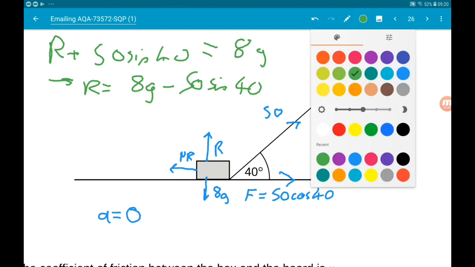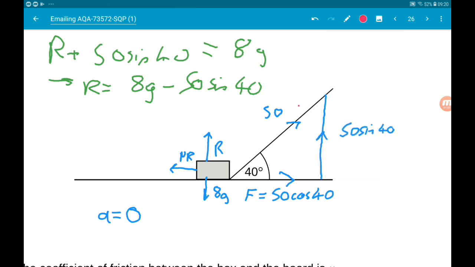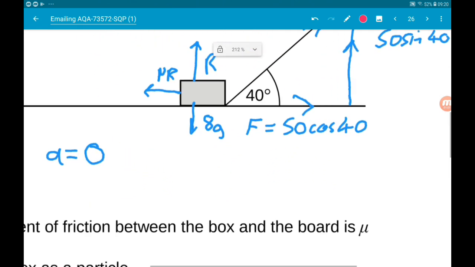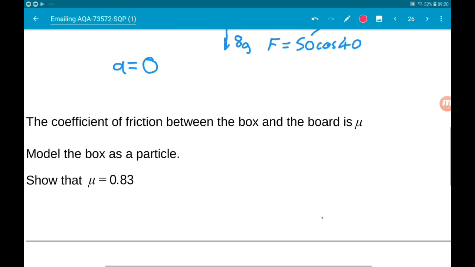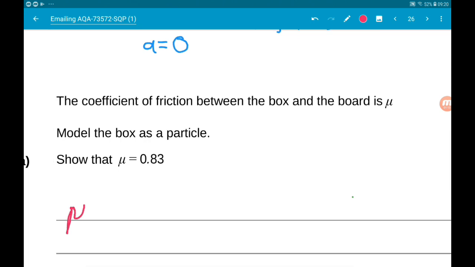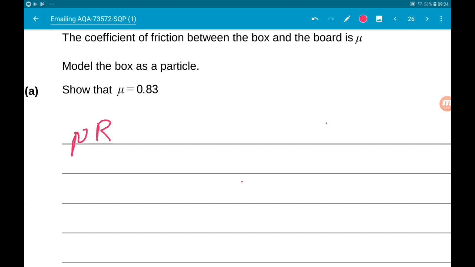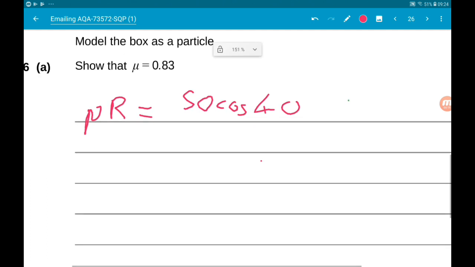What we also know is because there is 0 acceleration, mu R, our resistant force, and our driving force of 50 cos of 40, are equal because they are in equilibrium. We know what R is.